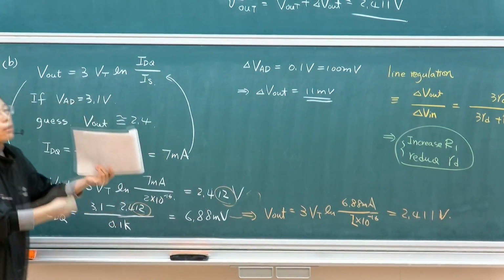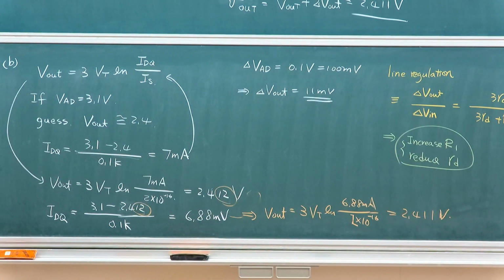So you can look at this equation and know the direction as to how to further improve your line regulation. Okay, so there's direction as to what can be done to change this performance. Or you can actually change ID, because whatever input you want to take in, you can take in a higher voltage to make your current larger, so RD can be smaller. So these are correlated factors.